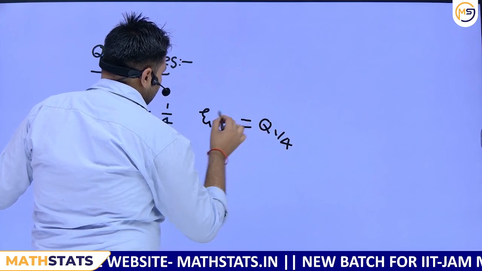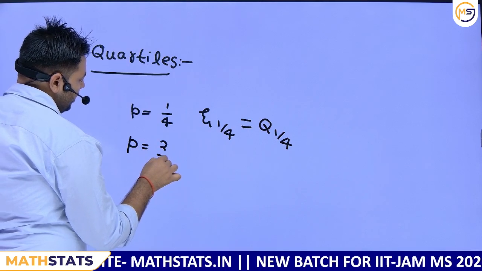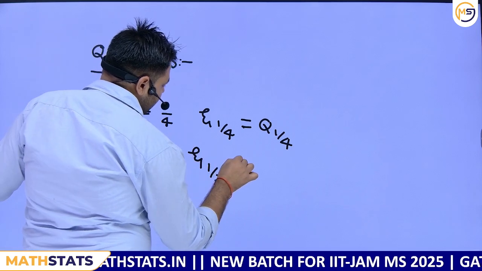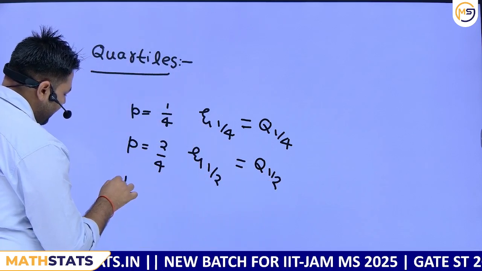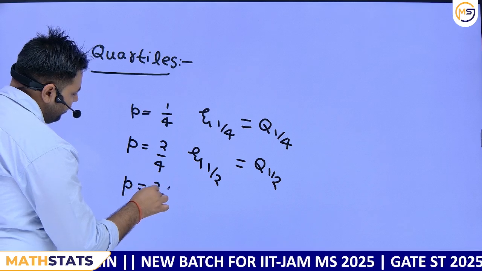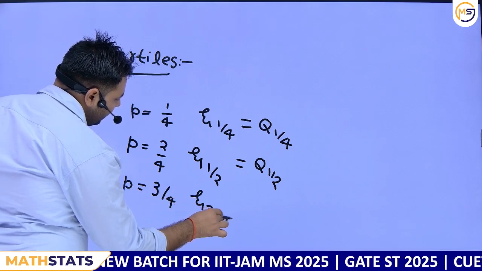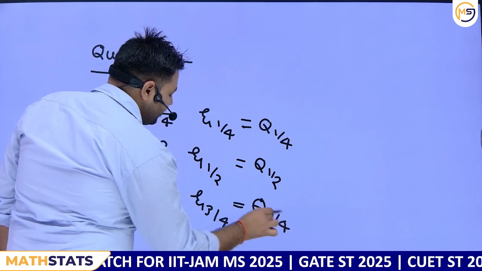If I put p equal to 2 by 4, then we will get xi of 1 by 2, equal to Q of 1 by 2. This is the second quartile. If I put p equal to 3 by 4, we will get xi of 3 by 4, equal to Q of 3 by 4. So this is the third quartile.